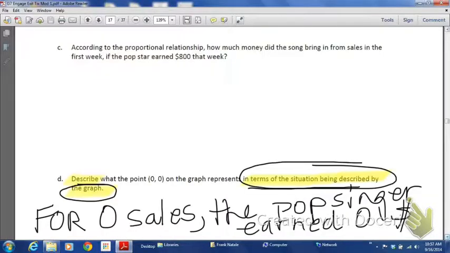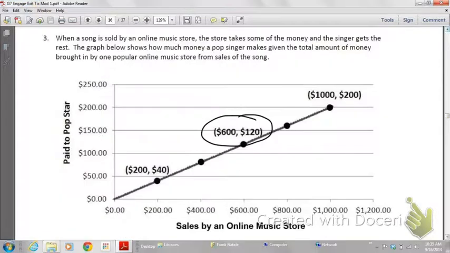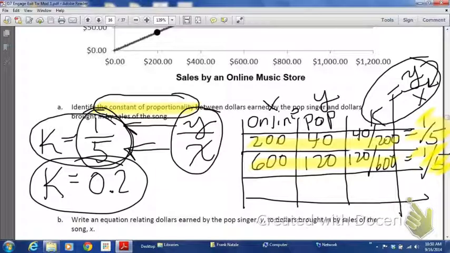Now to go back and actually look at the graph to give you that answer is kind of tough, because $1 of sales is somewhere really close to here, and you really can't do it just looking at the actual graph itself.